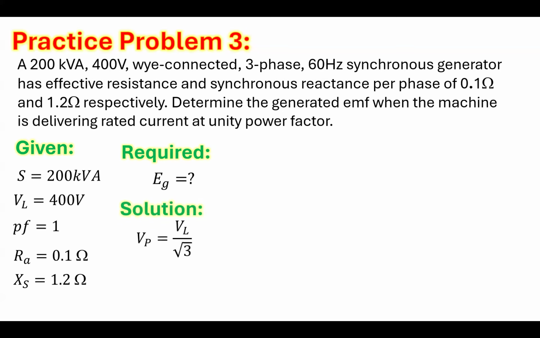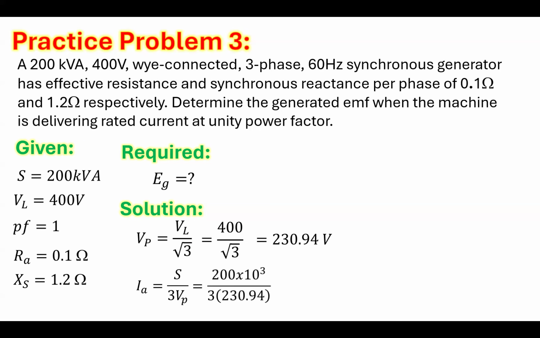So our solution, first, we have to get the voltage per phase, or the phase voltage, that is equal to load voltage divided by square root of 3. That is 400 over square root of 3. You will get 230.94 volts. And solving for the armature current, that is apparent power all over 3 multiplied by the phase voltage.